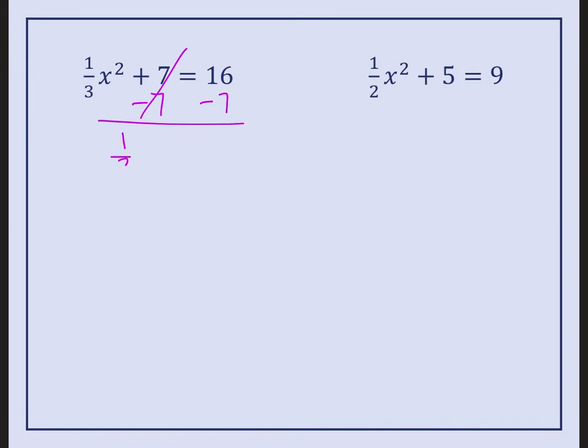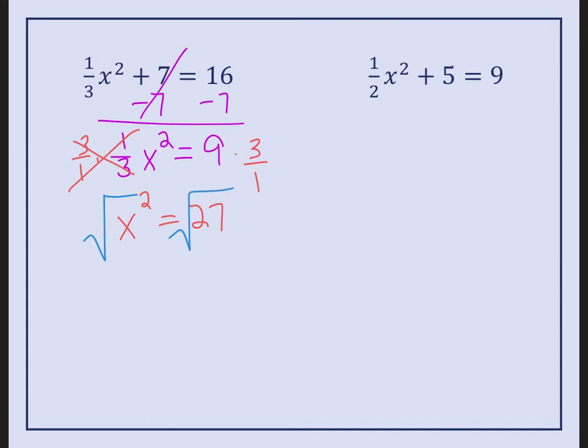I have 1/3 x squared equals 9. How do I move a fraction to the other side? I multiply by the reciprocal, because these divide out to 1. So x squared equals 27. Then I take the square root of both sides.